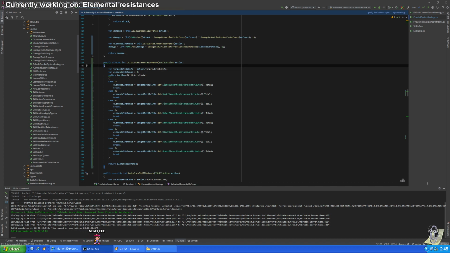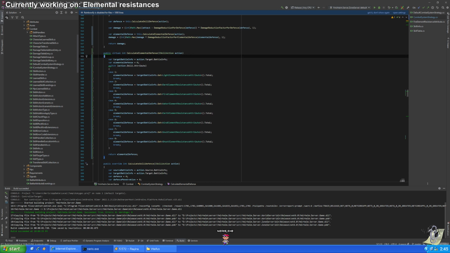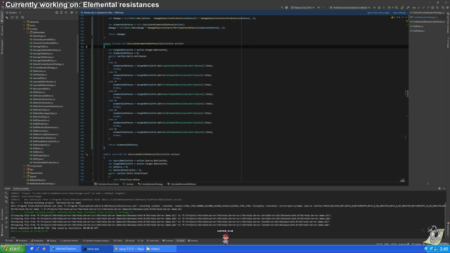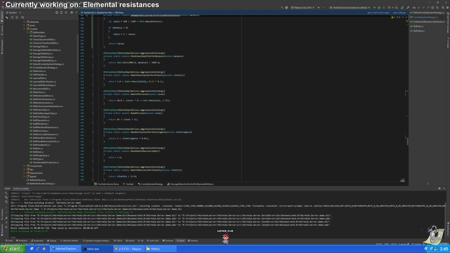Yes. Actually, should I use the same formula? I think it would be better if it's more consistent. So 150. It's just the numbers would be greater. But that's fine, I can just adjust them.